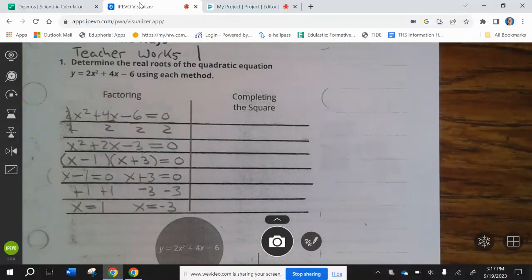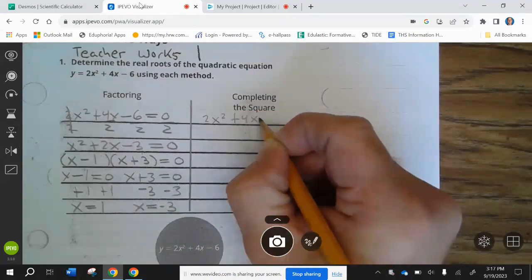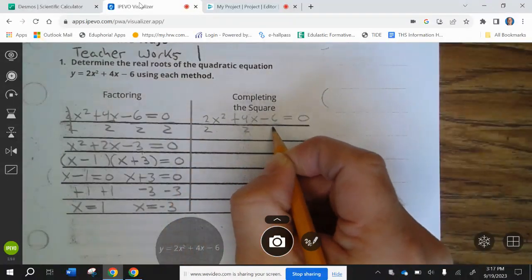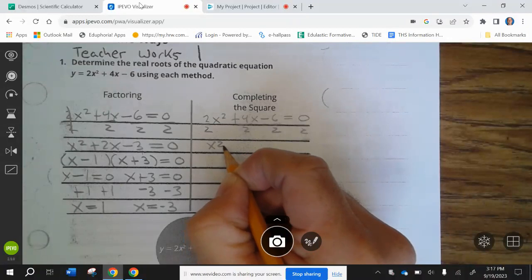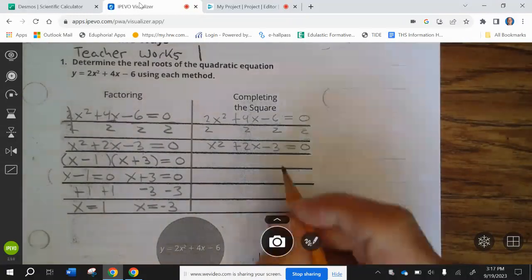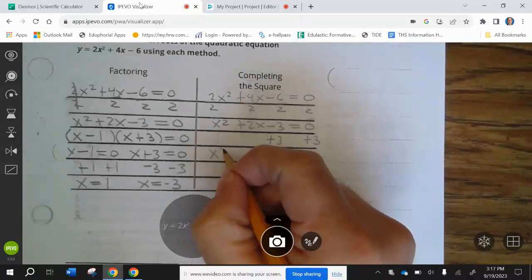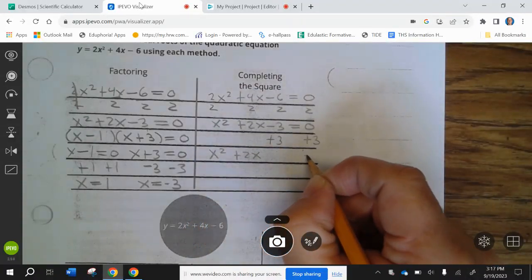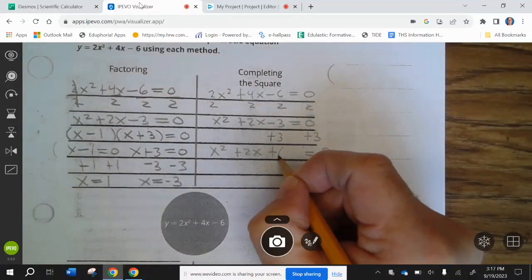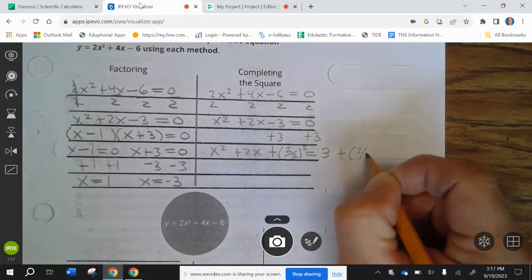All right, let's take a look at completing the square. Same thing, we start with 2x squared plus 4x minus 6 equal to 0. We divide everything by 2, leaving x squared plus 2x minus 3 equals 0. Now we add 3 to both sides, so x squared plus 2x equals 3. Now this is the completing the square part. We add 2 divided by 2, squared, to both sides because of equality.